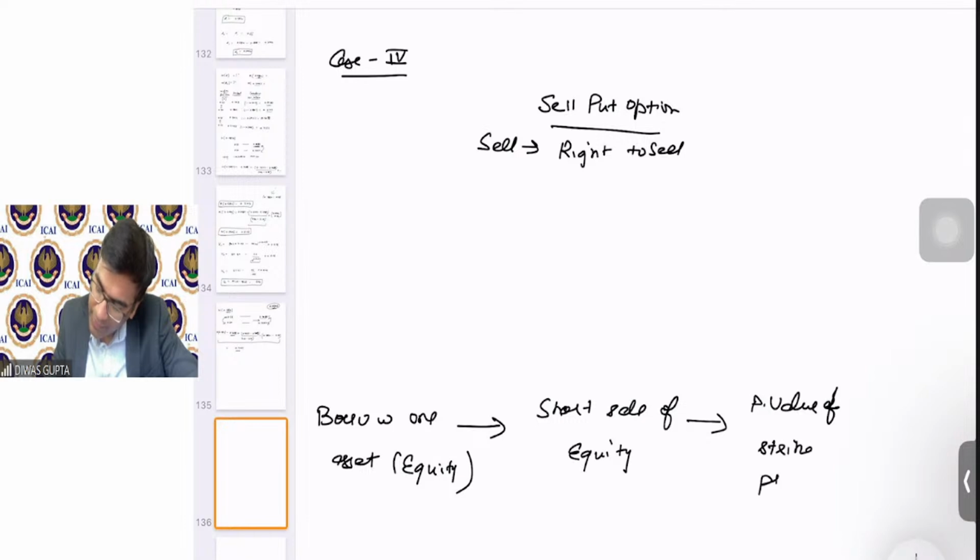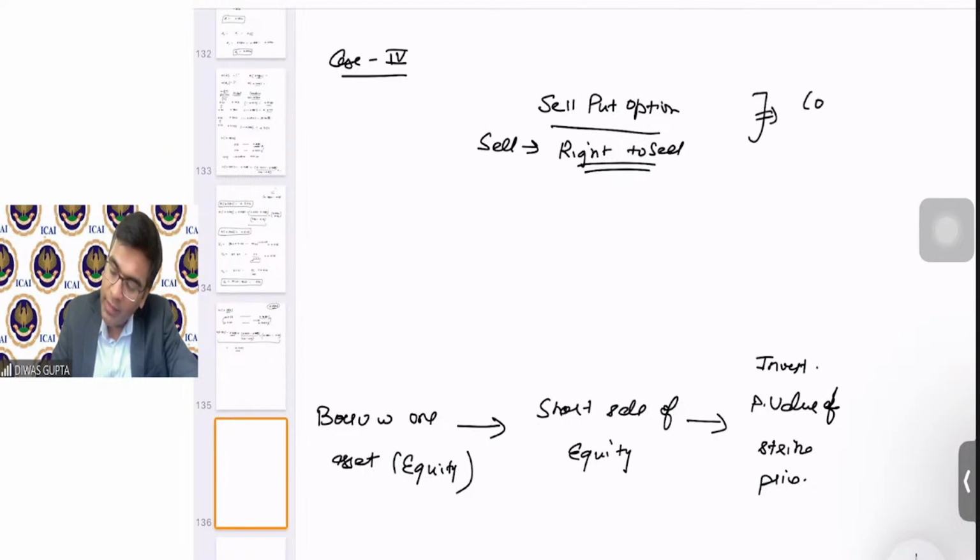Whatever is the present value of the strike price, that I will invest, because if tomorrow the right to sell is exercised by the option holder, my cash outflow will be there.